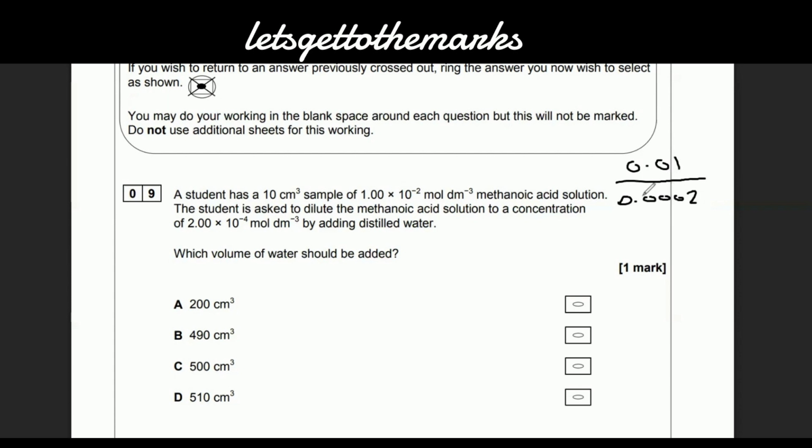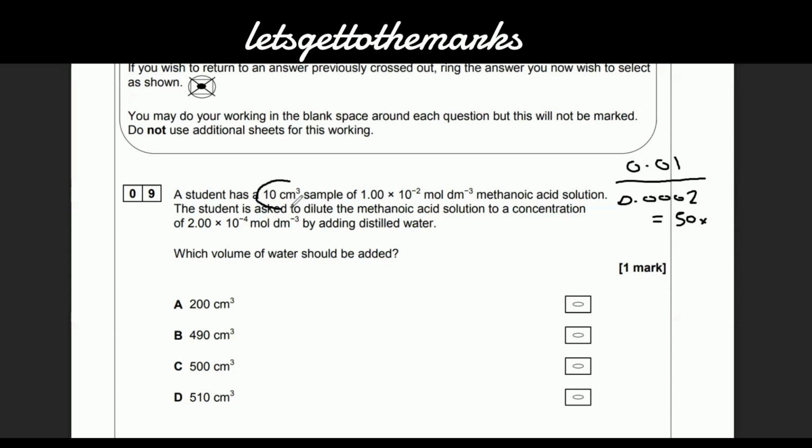So what we can do is say, okay, they're diluting it. By what factor are they diluting it? Well, we can find that out by taking the bigger number, the 0.01, dividing it by the smaller number. And what you're going to get is it is being diluted by a factor of 50.